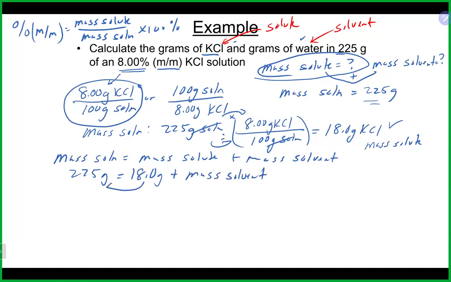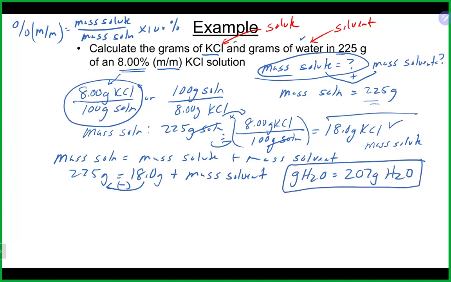We subtract that to the other side, and that gives us the grams of water, our solvent, which would be 225 minus 18, about 207 grams of water in this particular case, which again is our solvent, and 18 grams of our solute.